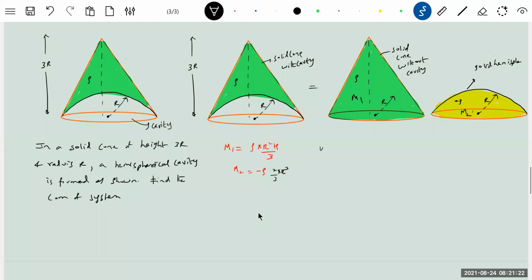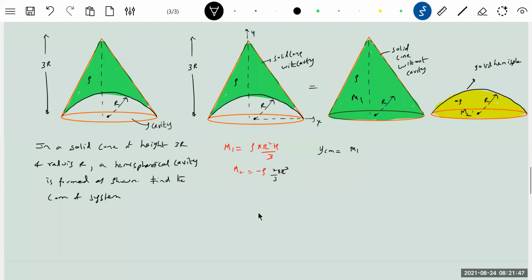Let's get into the YCM, which is equal to m1 y1 plus m2 y2 by m1 plus m2. What is the center of mass of a solid cone? From the base, from where we are measuring, this is y equal to 0 from here. This is the x-axis. Just now we have studied, no? These are the numericals.